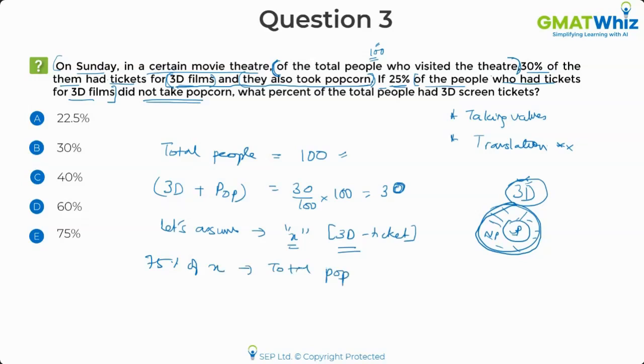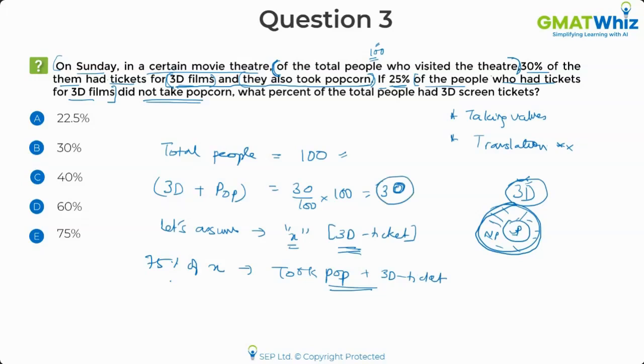So 75% of people who had 3D tickets took popcorn. Do we know how much this is, people who took popcorn and obviously already have a 3D ticket? Do we have any information about this number? We have it, yes. That number is 30, which we have already found out.